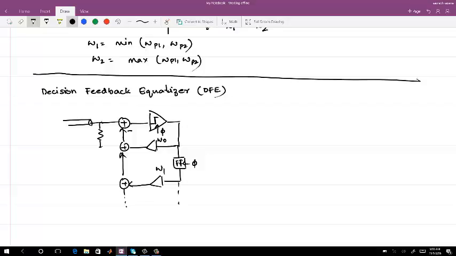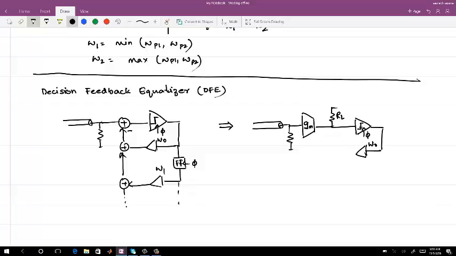Now, the real implementation is a little bit different, meaning you do the same operation but in a more feasible manner. You have a termination, and then you have a GM block, which now becomes a summing node. So I can just put a resistance RL, and then you have the comparator, which is clocked at phi.